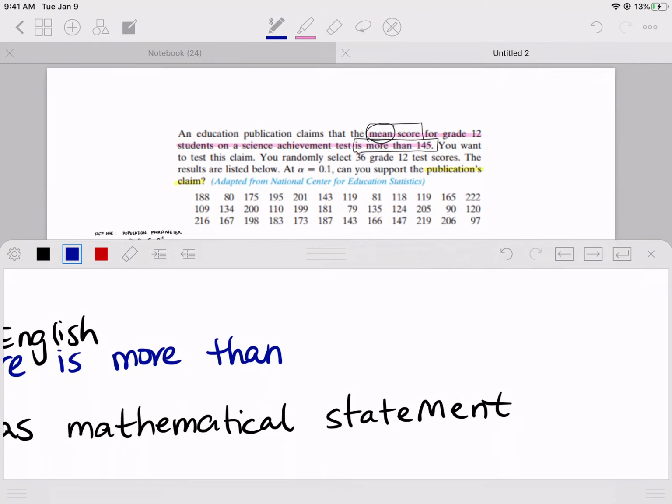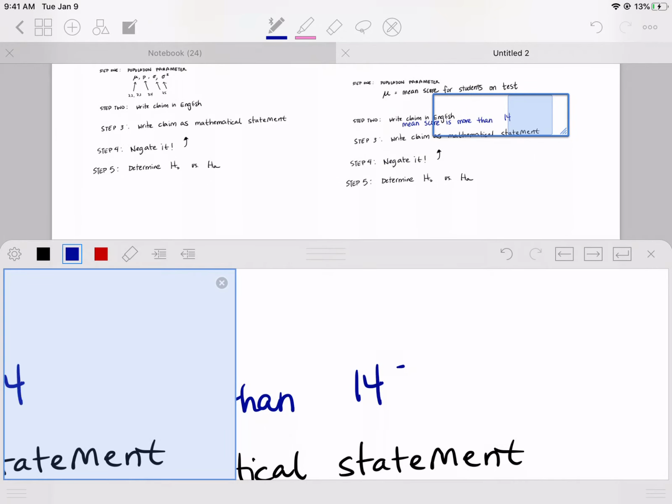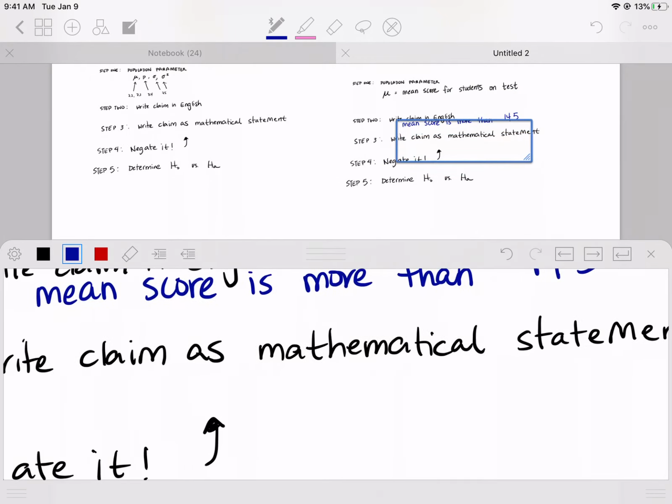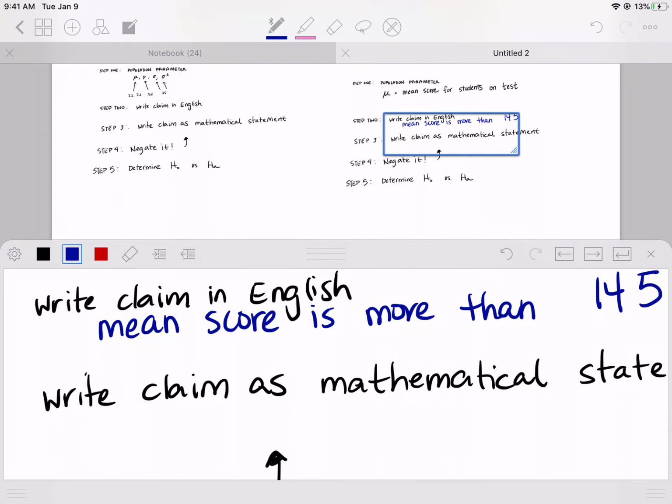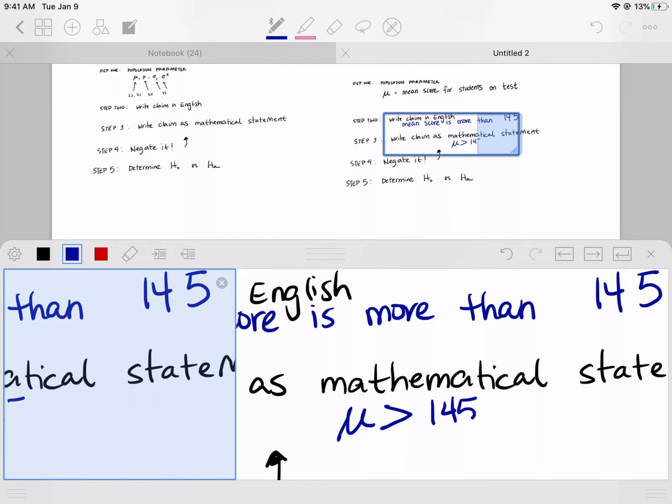Now I write the claim as a mathematical statement. Here we go. Mu is more than 145.